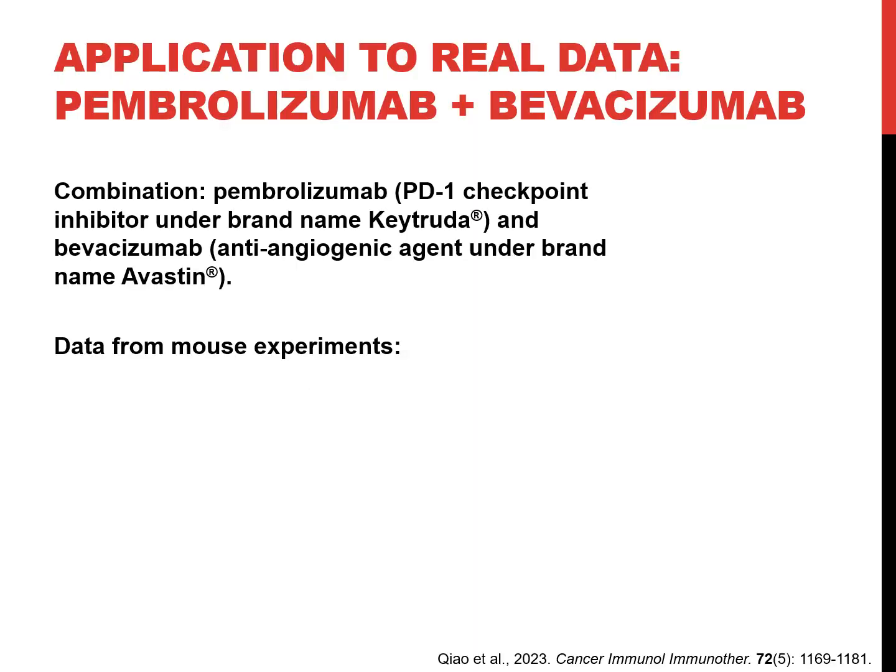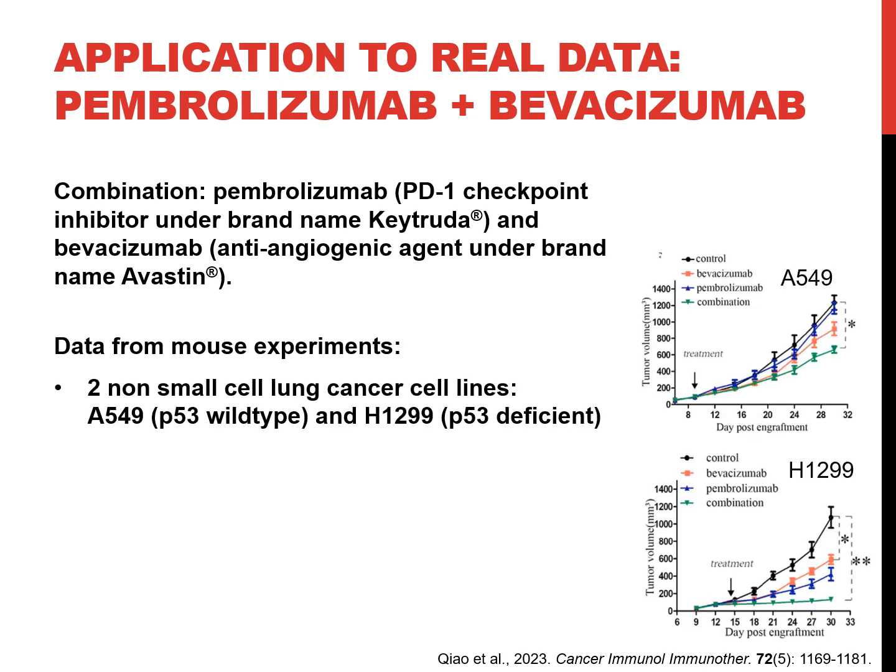Let's find an application. We're going to try to do an application to some real data. So this is an example from the literature of a combination of pembrolizumab, which is a PD-1 checkpoint inhibitor, and bevacizumab, which is an anti-angiogenic agent. It's also known as Avastin. These guys had some experiments, so they tested just one combination dose.